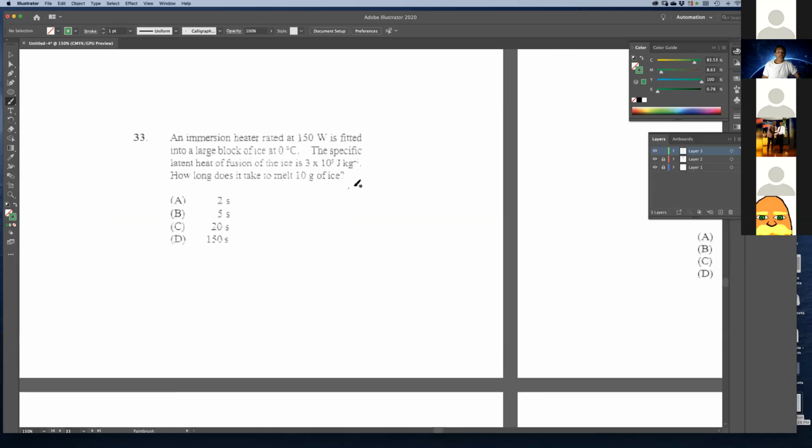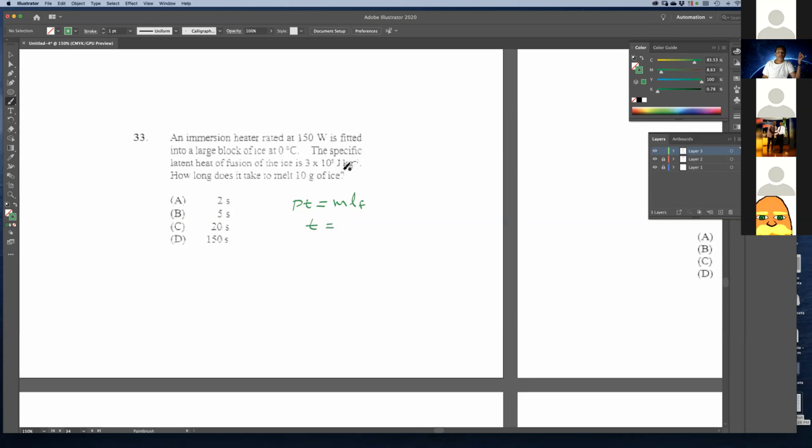An immersion heater rated at 150 watt is fitted into a large block of ice at 0. The specific latent heat of fusion is given. How long does it take to melt 10 grams of ice? Pt, which is the electrical energy, is equal to m Lf. So t equals m times Lf over the power.